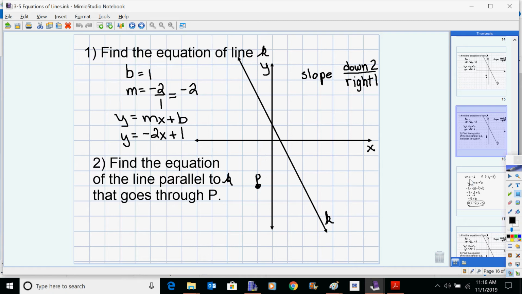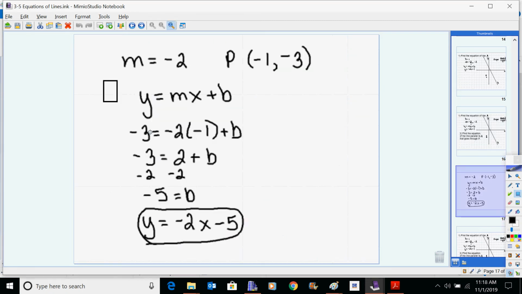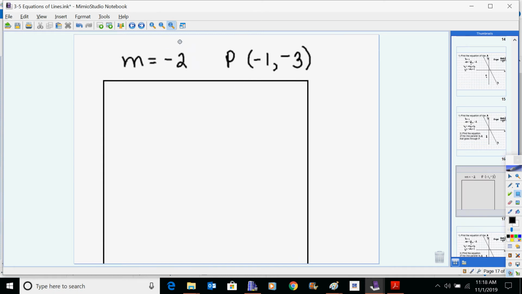Negative 1, negative 3. Good. So negative 1, negative 3 is our point, and we want it to be parallel, so we want it to have a slope of negative 2. So we're going to go through this process one more time using the slope of negative 2, going through the ordered pair negative 1, negative 3 to find the equation.